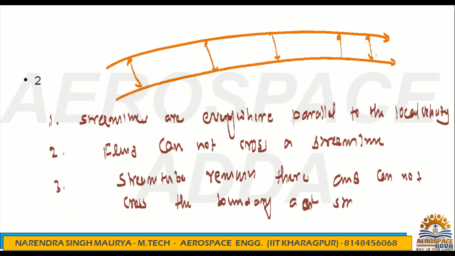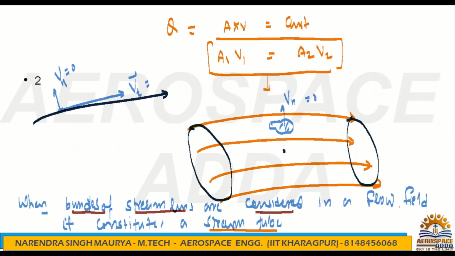The boundary of the stream tube, the flow will not cross. So whatever the flow is in, we have the same flow out. There is no leakage, nothing.